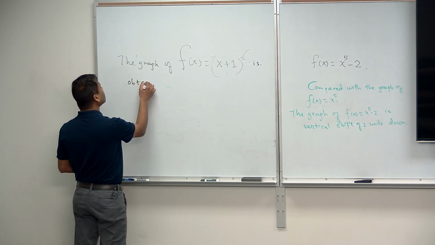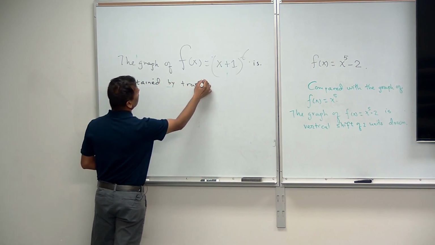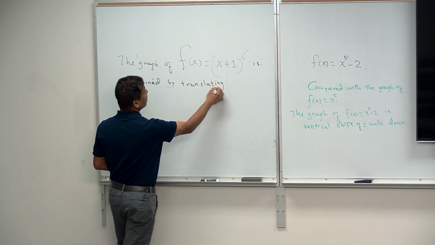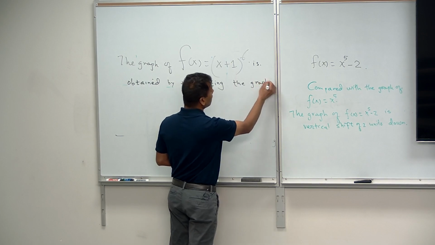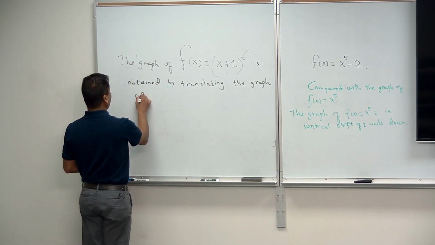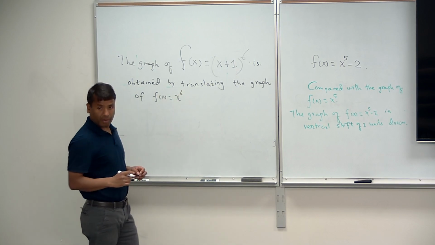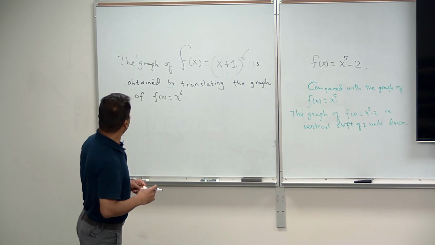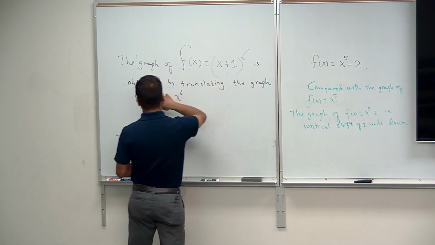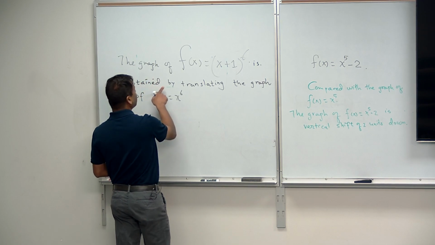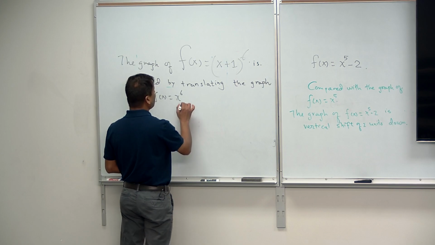It is obtained by translating or shifting the graph of f(x) equal to x to the power 6. So the graph of f(x) equal to (x plus 1) raised to the power 6 is obtained by translating the graph of f(x) equal to x to the power 6.